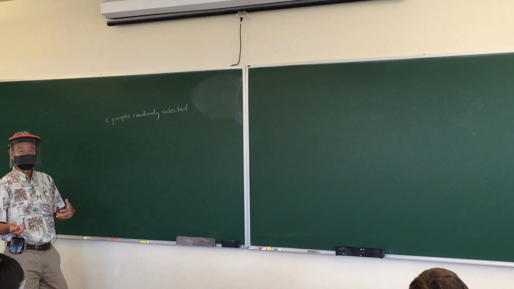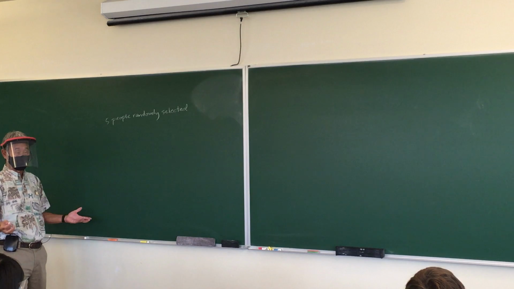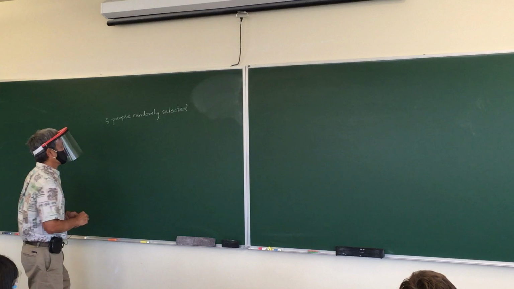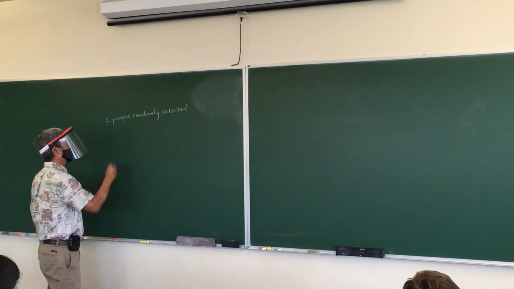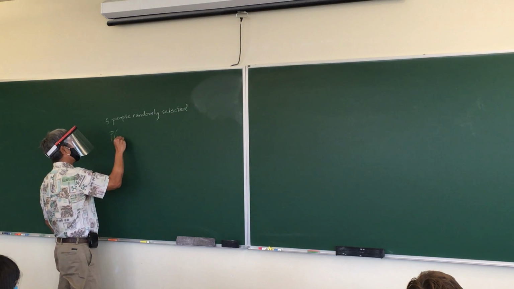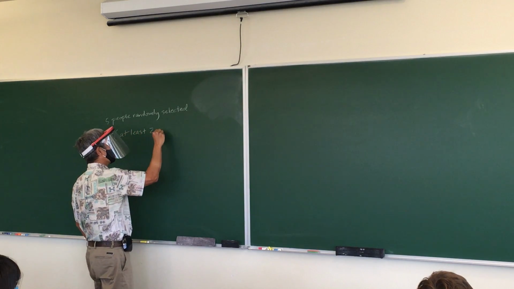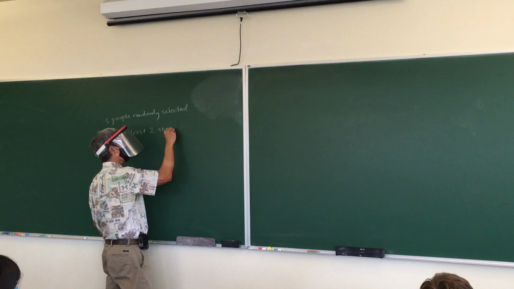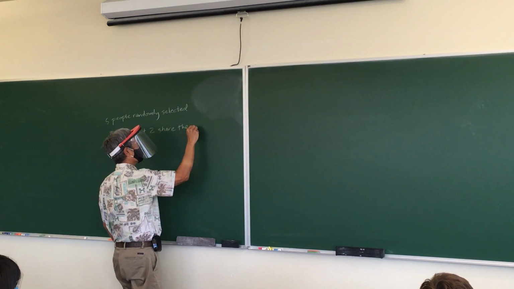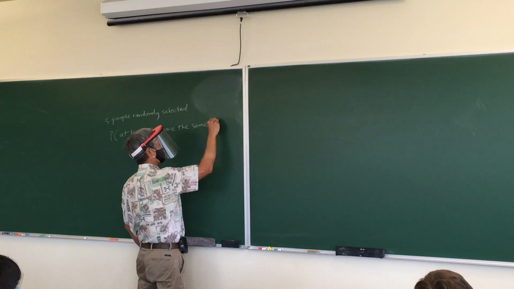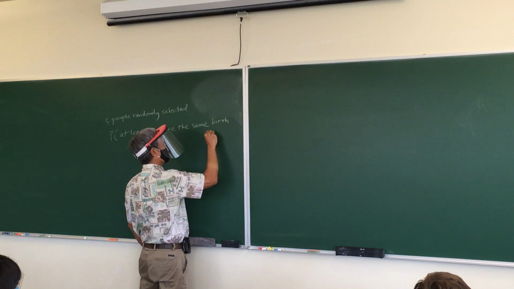So the probability of being born in any month is 1/12, although that's not true, but we're going to assume that. So if 5 people are randomly selected, compute the probability that at least 2 people share the same birth month.